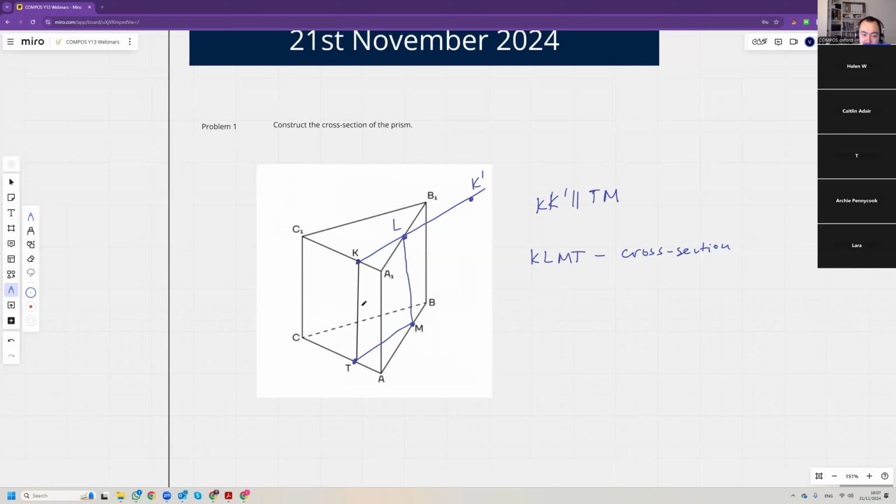But TK is not parallel to AA1, and so TK is not parallel to LM. Therefore, we can't use that line, but we can construct KK1, which is parallel to TM, and then we can build the cross section.